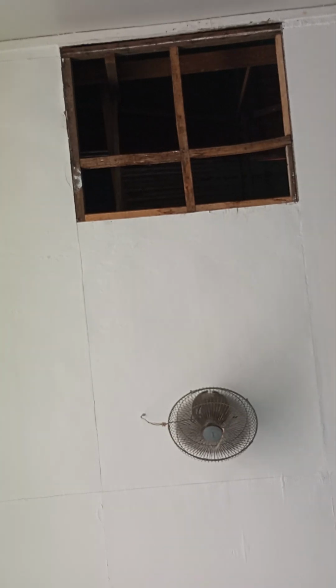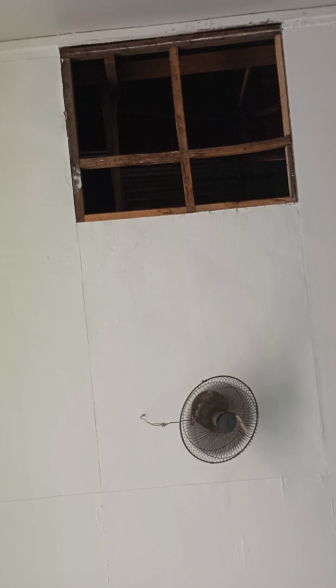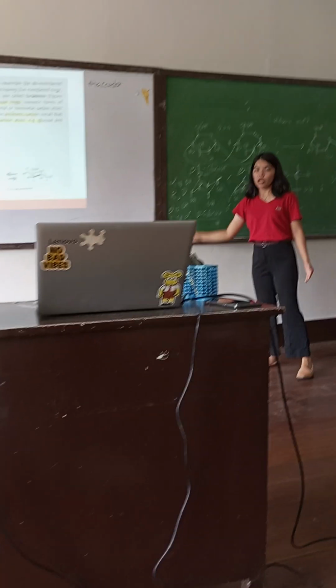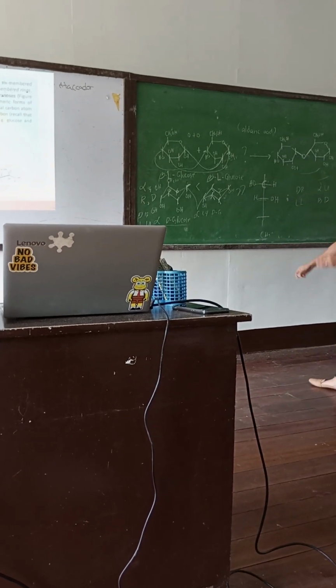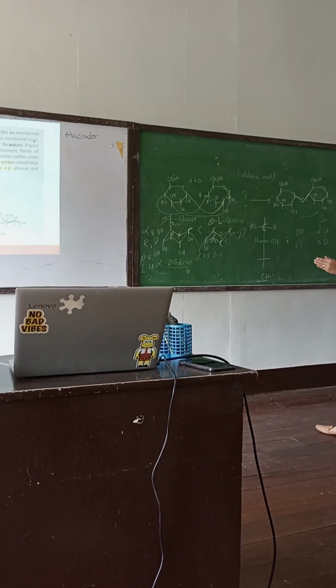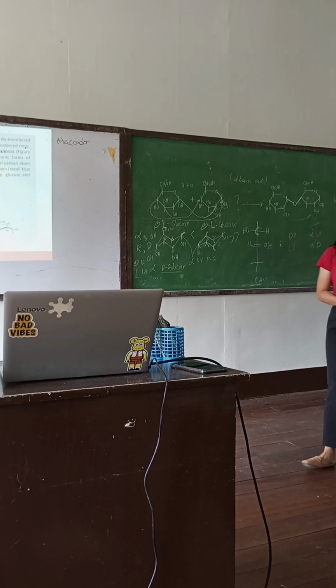If it is on the right side, then automatically upward in the Haworth projection, and that is beta. If it is downward, then the right OH is alpha in the Haworth projection.